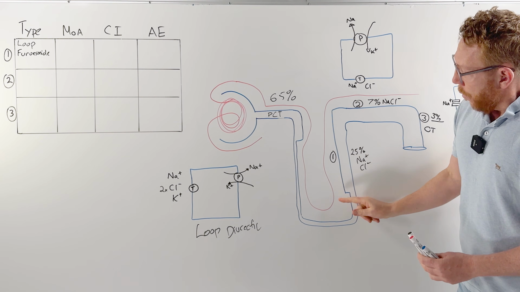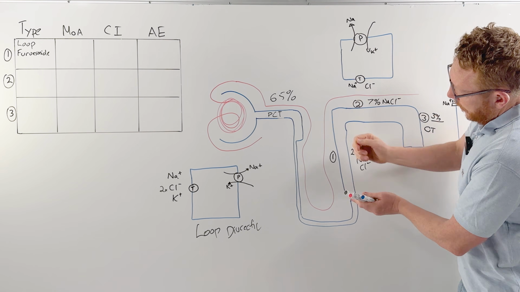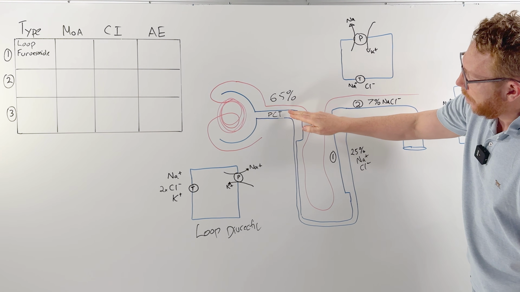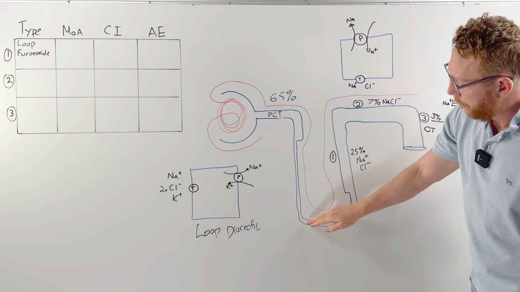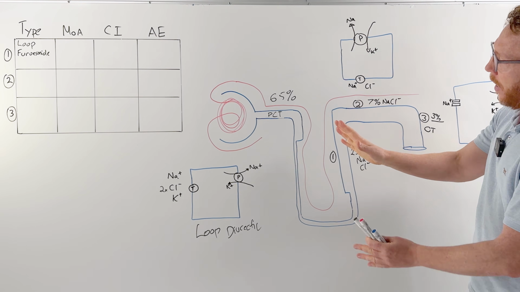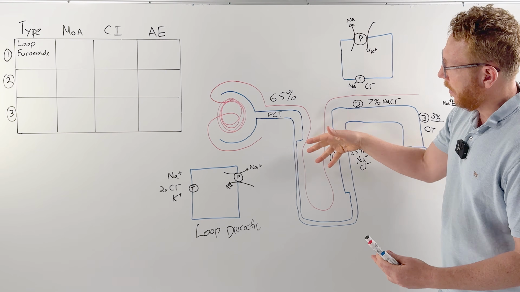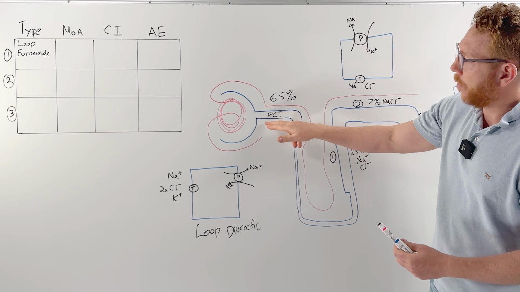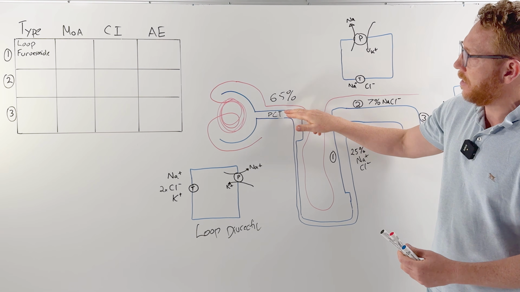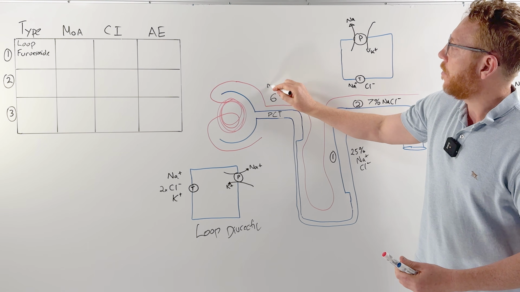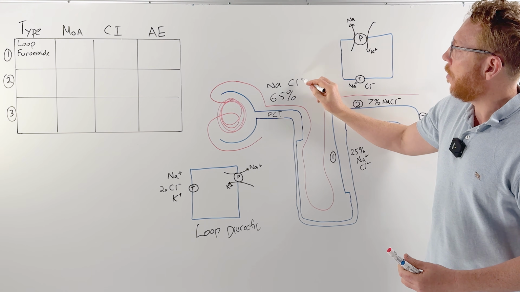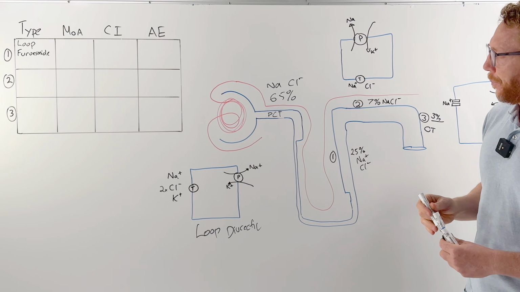Now, in the thick ascending loop, the filtrate is moving its way along and changing its concentration as it moves, with all the solutes jumping back into the blood. We saw already in the first region, 65% of salt, sodium and chloride is being put back into the blood.